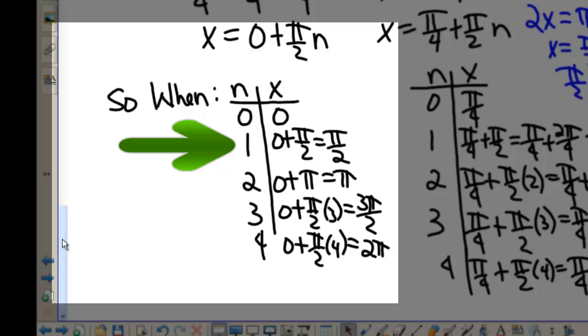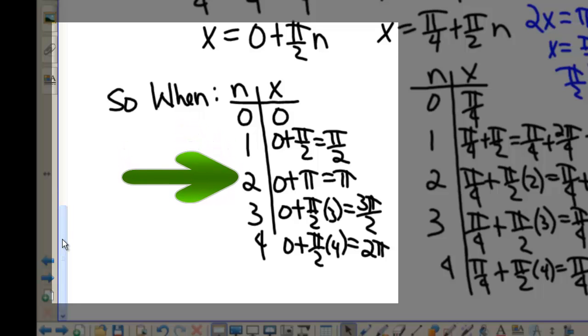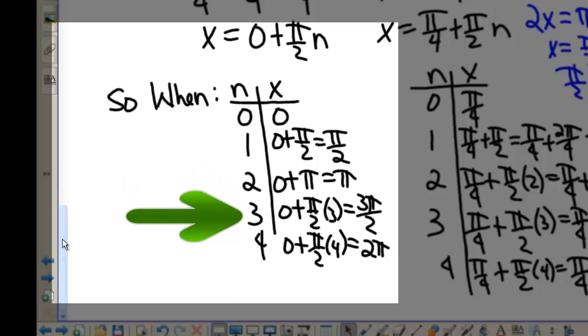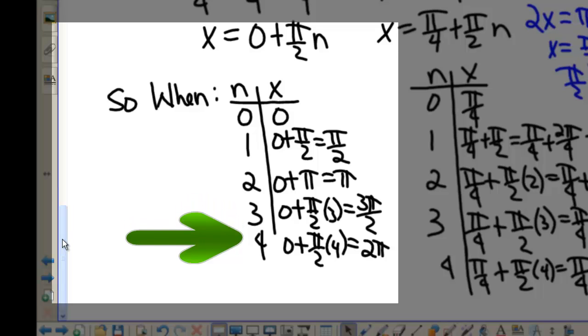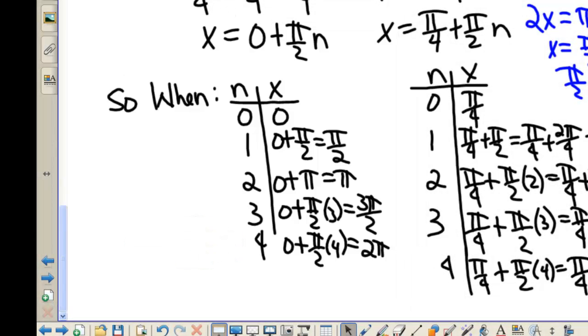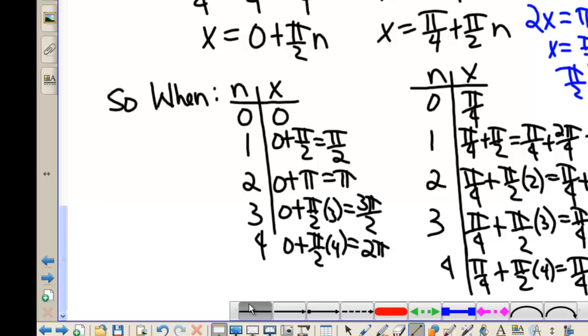That is still in between 0 and 2 pi. When n is 2, that's 0 plus pi, yielding me pi. When I take 0 plus pi over 2 times 3, it's 3 pi over 2. And when I take 4 times pi over 2, I get 2 pi. So in this case, since 2 pi is not included in the interval, this would not be part of the solution.